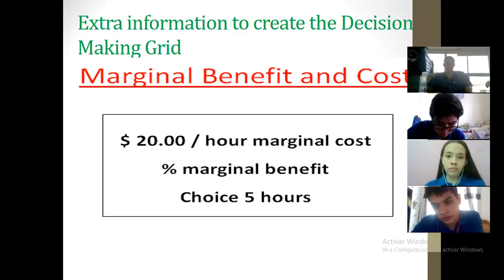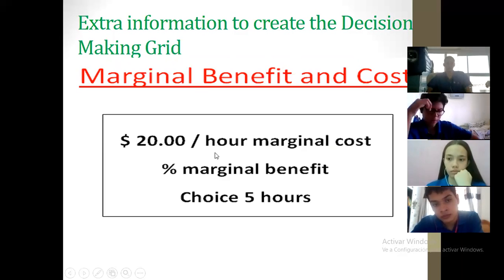Now the marginal, that's the amounts you're going to use in the last column. In the middle column, those are the benefits. We're going to use a percentage. For instance, if he enters, it's going to be 95%.